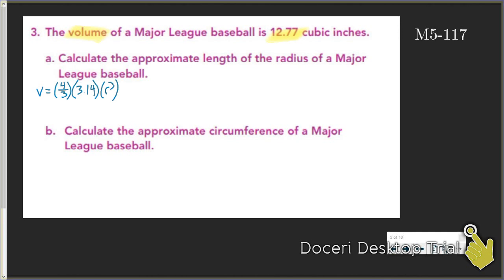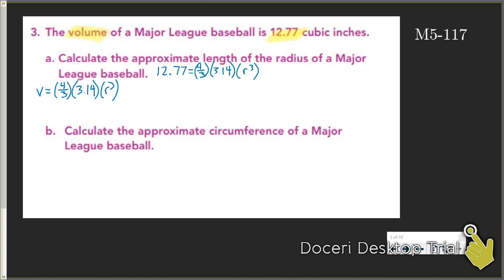So I'm going to go ahead and plug that in. We know that the volume is 12 and 77 hundredths, so that is going to equal 4/3 times pi times radius cubed.